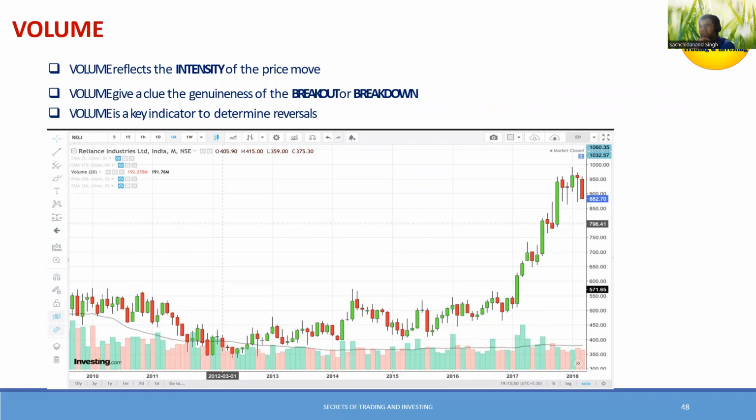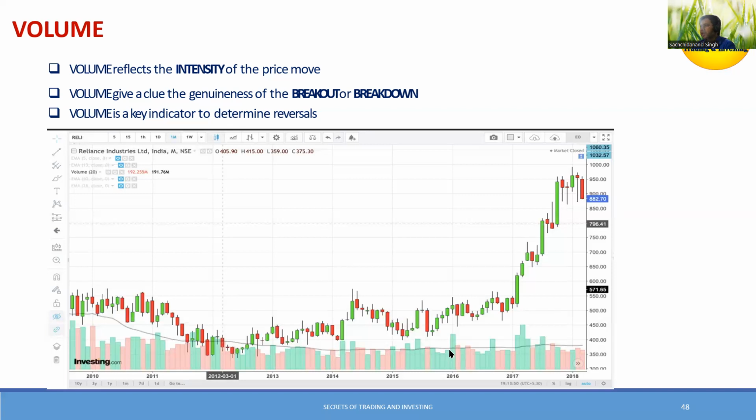Volume represents that: in any time frame, how many stocks are getting sold or purchased. So for any pattern, a high volume provides more confidence in what is happening in the market. It is more convincing.